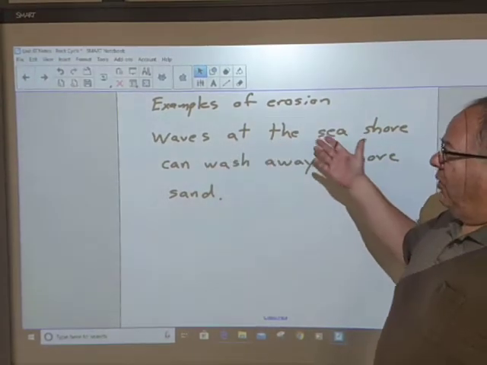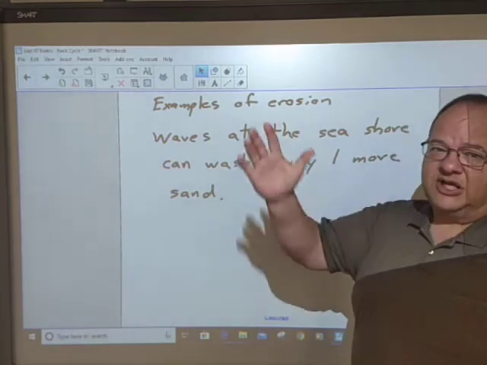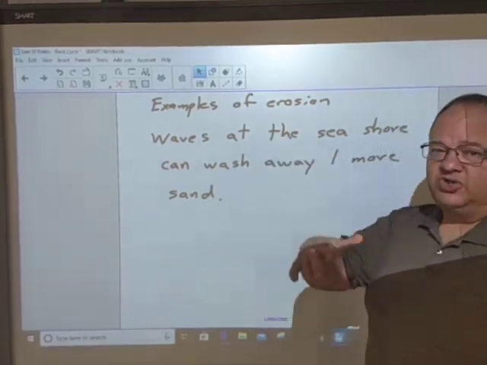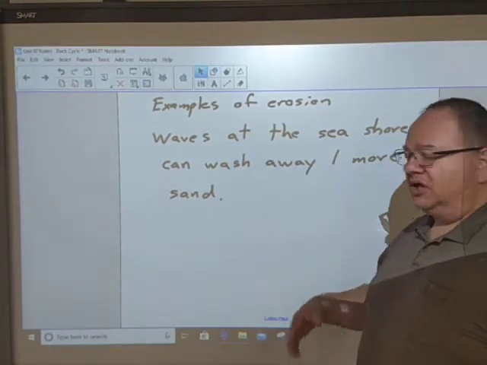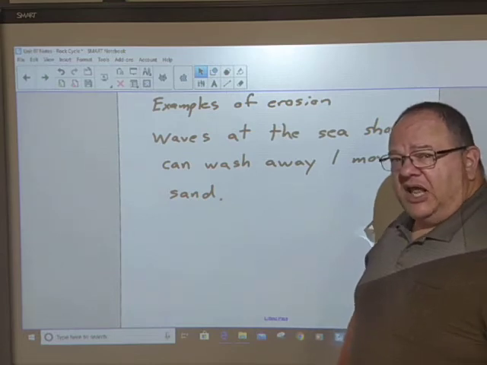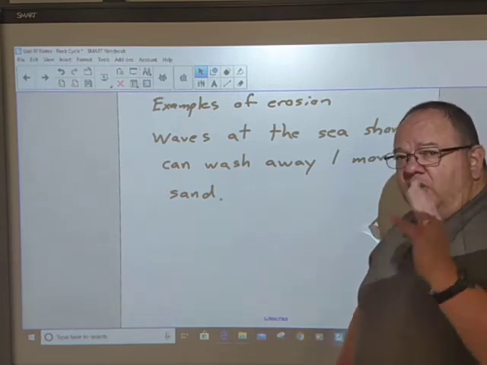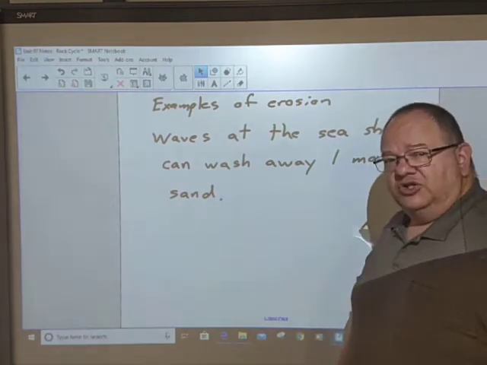This again would go with water, but think about waves at the seashore. Water's constantly moving and it's pounding on the seashore, and it can move around the sand. It can wash away. I've heard that there are beaches that, depending on the time of day, on a daily basis, you can go there one time a day and there's this nice sandy beach.